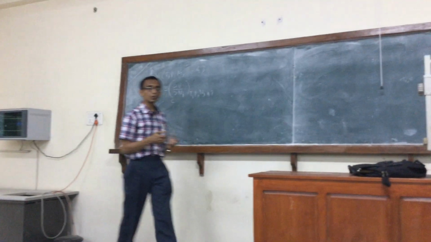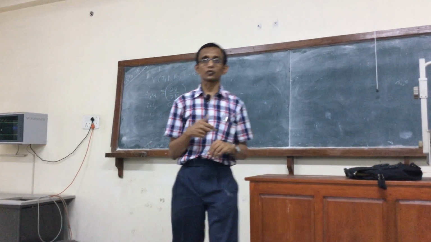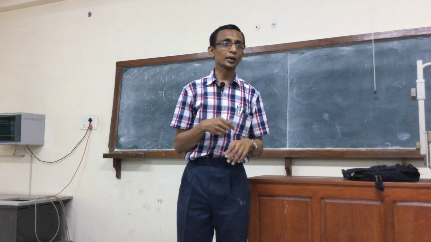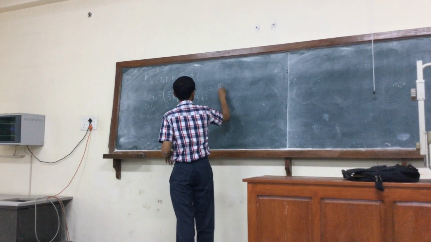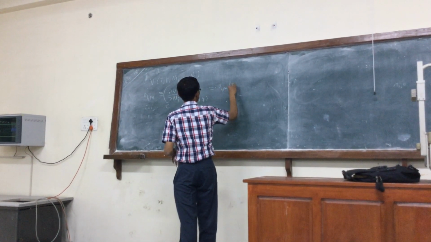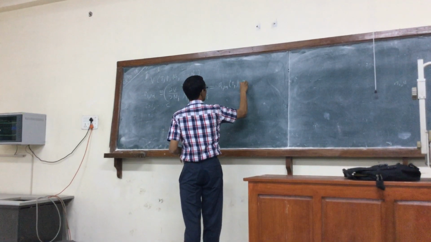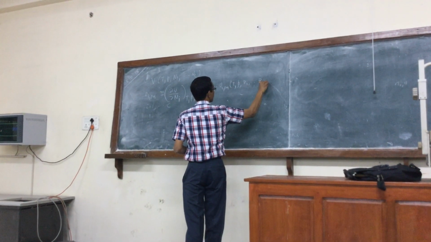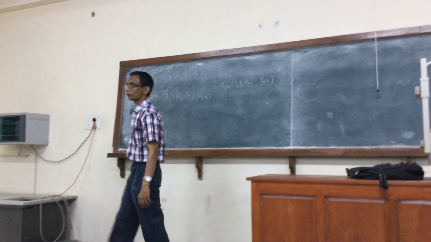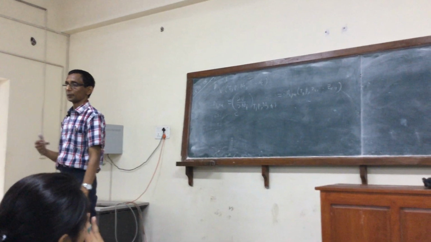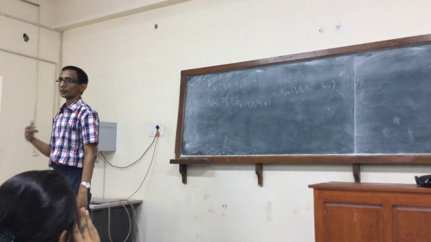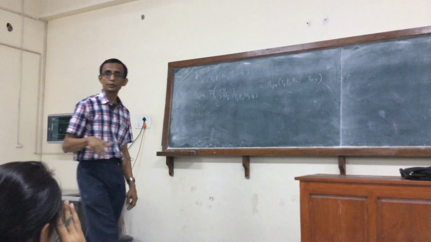Now the question is, how do I express it in terms of the mole fractions? Because we know that this actually is a function of the C minus 1 mole fractions. This is somewhat like the chemical potential, which also involves the derivative of an extensive property with respect to the mole numbers.